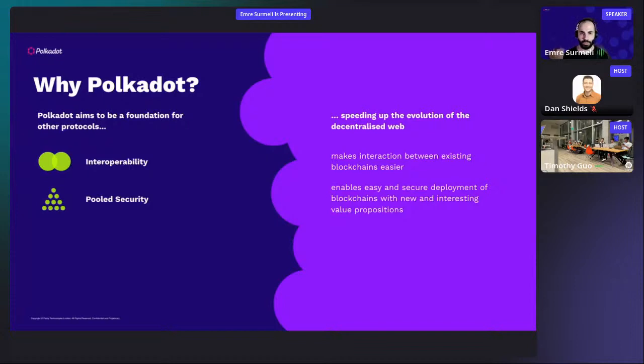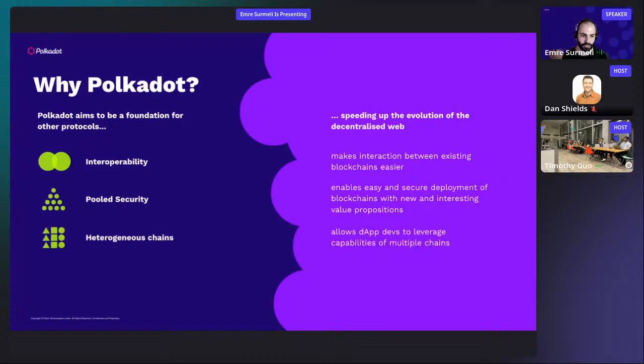And now that we know how blockchains and networks work, something like pooled security is extremely important, especially if you're developing new blockchains. And early on in their life, they're going to be very vulnerable to certain types of attacks. So pooled security is great because Polkadot has established a large amount of security, so it's very expensive to attack the network. So if you have a new blockchain and you connect to Polkadot, you're already as secure as the main network. So that's really awesome.